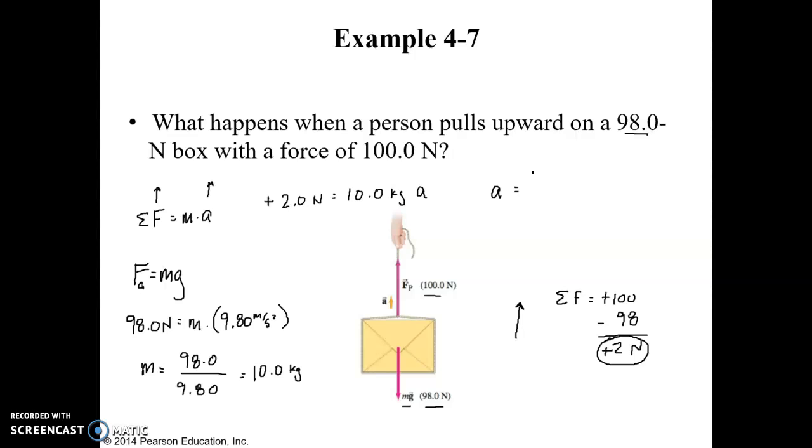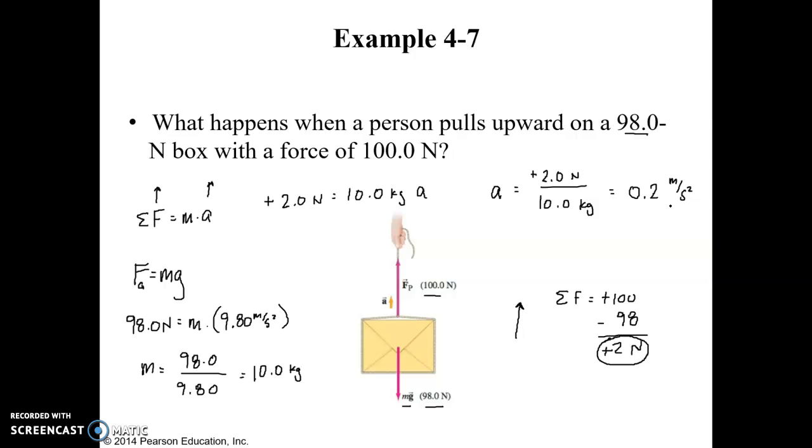A is equal to 2.0 newtons divided by 10.0 kilograms, and we end up with 0.2 meters per second squared as the acceleration. That's how quickly the box will accelerate upward when we apply this 100 newton force to it.